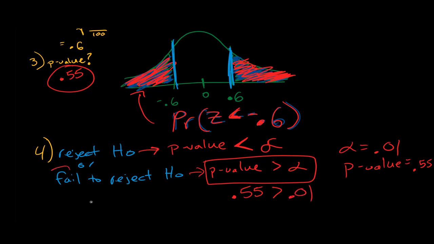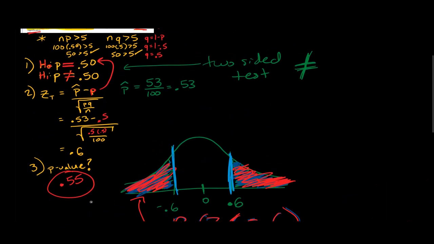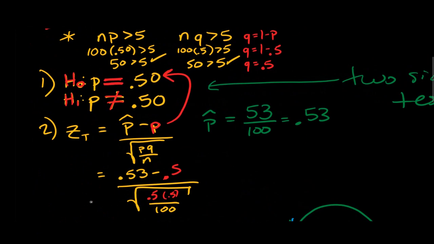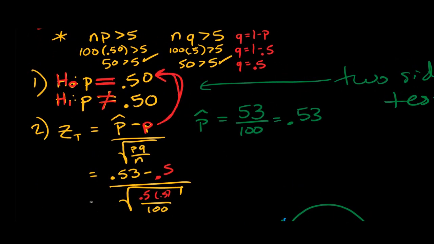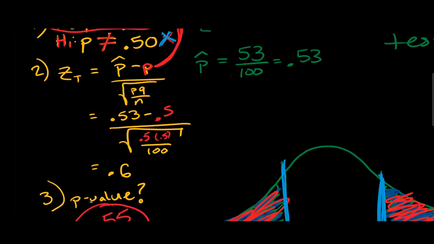So the decision that we're going to make is we're going to fail to reject the null hypothesis. We're going to say, hey, it looks like that 0.6 is not really an extreme value. So it's reasonable that when we made this assumption that p equals 0.5, that's a reasonable assumption. So we fail to reject the null hypothesis, which means there's not really a lot of evidence that suggests that the alternative is true. Okay? So let me go ahead and write that down.